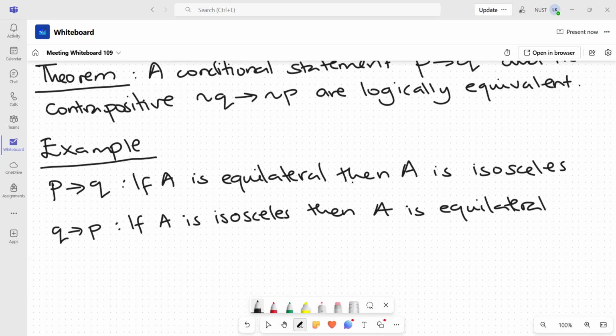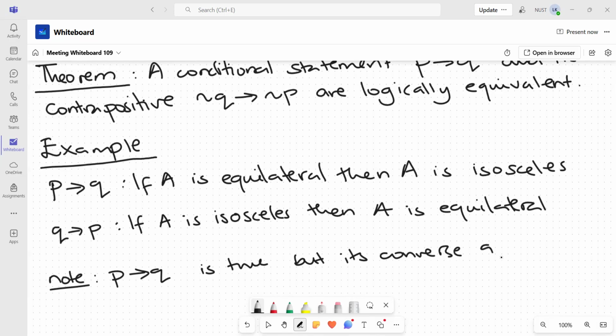The first one, yes, it is true. If it is equilateral, then it is an isosceles triangle. So here we can take note that P implies Q is true, but its converse, Q implies P, is not true. So it is false.